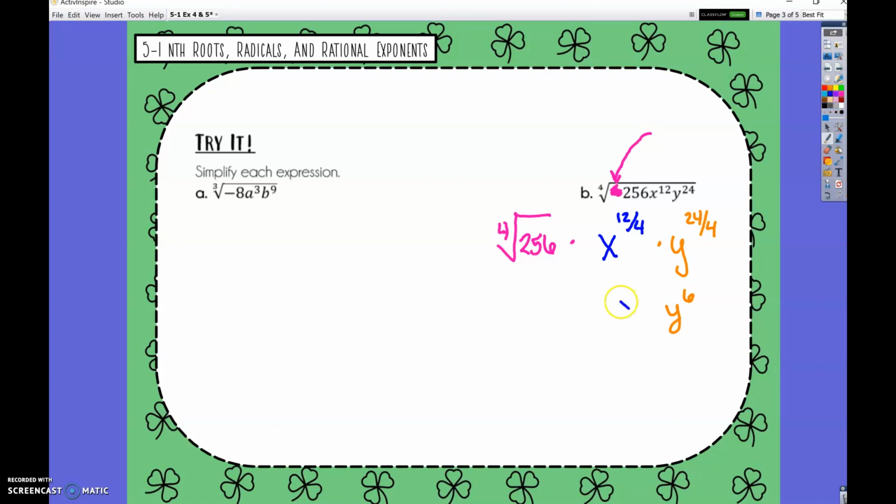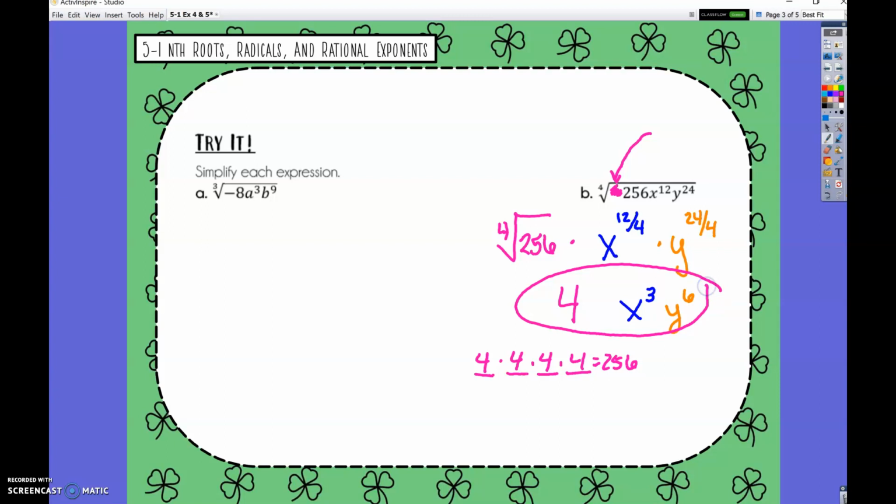I will have x to the 3rd. And coming to think about the 4th root of 256, it just so turns out that if you take 4 times itself 4 times, you get 256. So our answer would be 4. Here would be our final answer for the try-it.